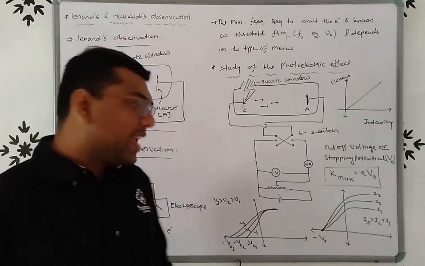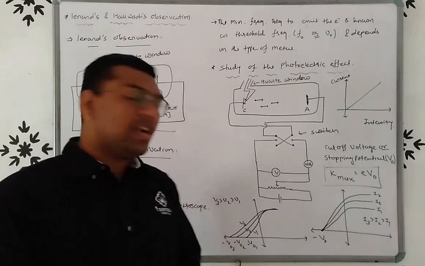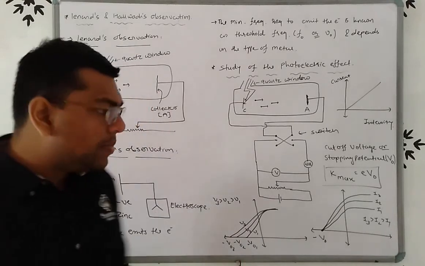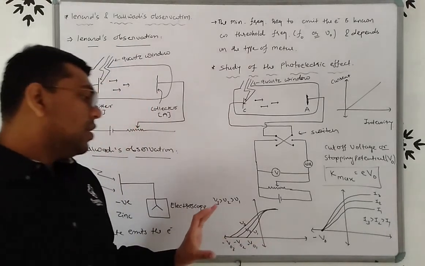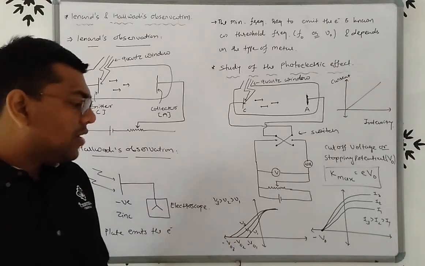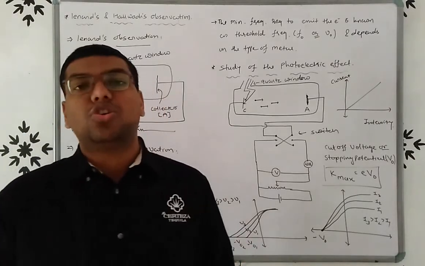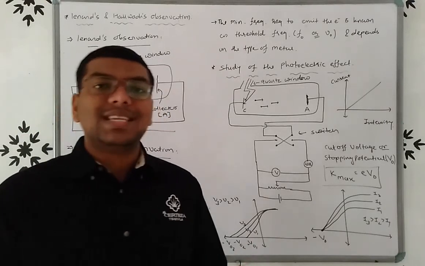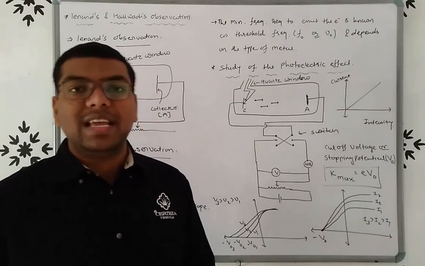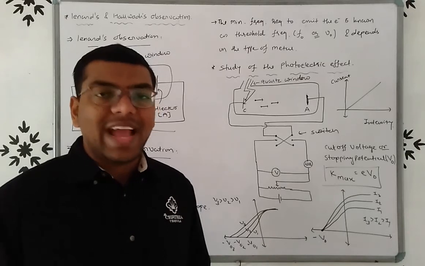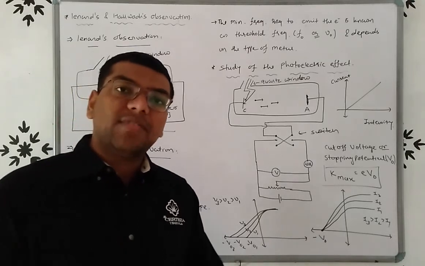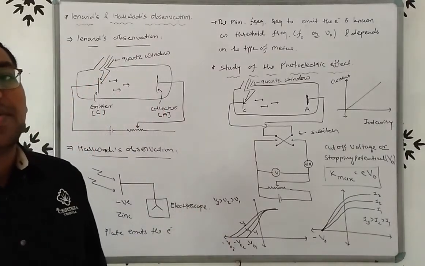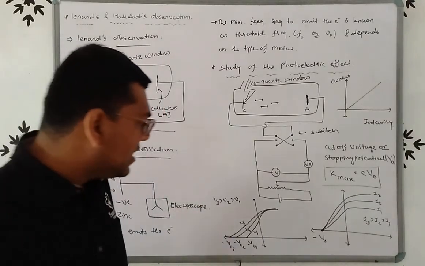So we can say that the stopping potential depends on the frequency of the radiation, because if we change the frequency, the stopping potential also changes. And if the frequency changes, then we know that E is equal to hf, or h nu, so the energy also changes, right?